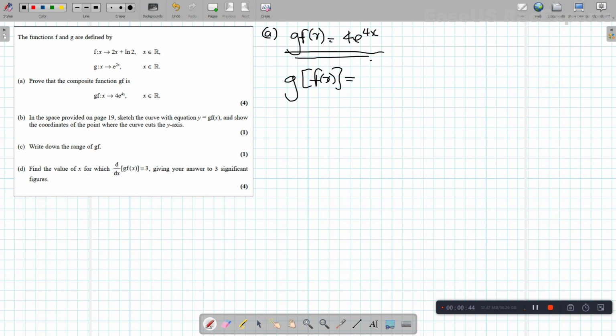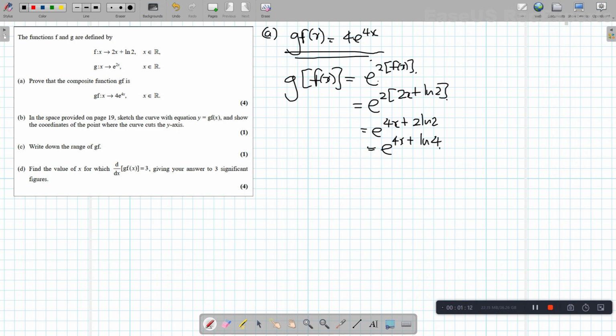What is g? g is e to the power of 2x, so e to the power of 2, and this is where f(x) goes in. Therefore e to the power of 2 bracket 2x plus ln 2, which is e to the power of 4x plus 2 ln 2, which is e to the power of 4x plus ln 4.